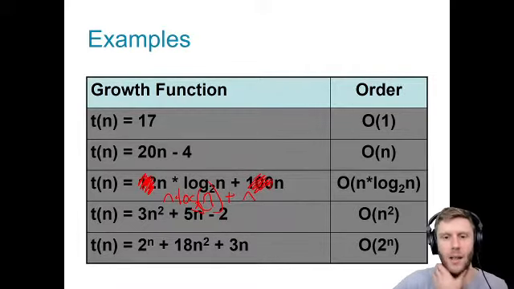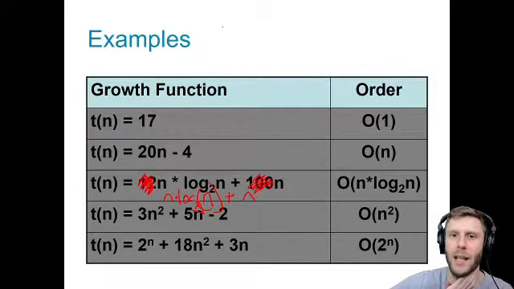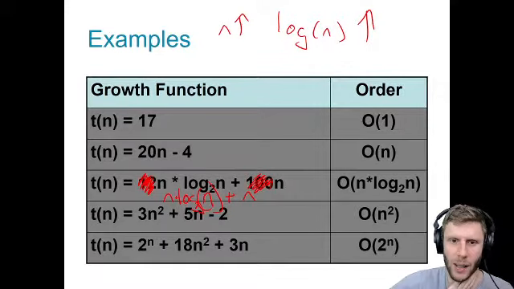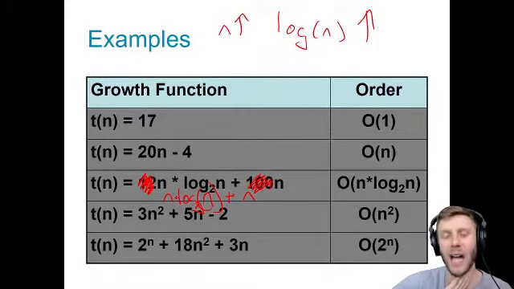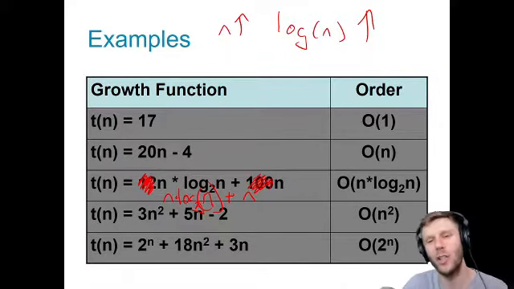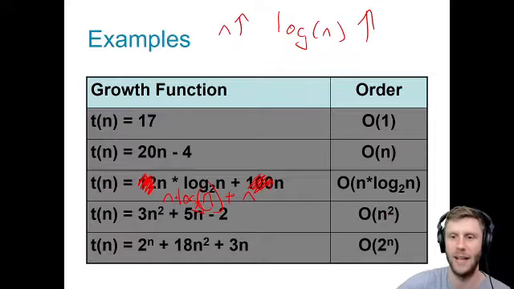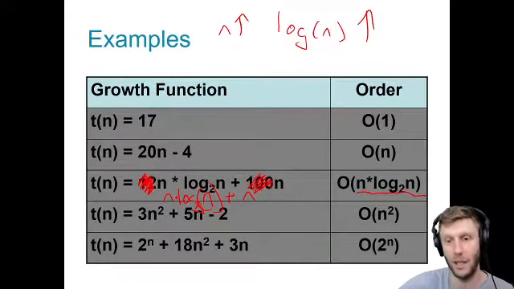Well, as n gets bigger, the log of n will get bigger too. So n times log n is still going to grow much faster than n. So this right here has the order of n log n.